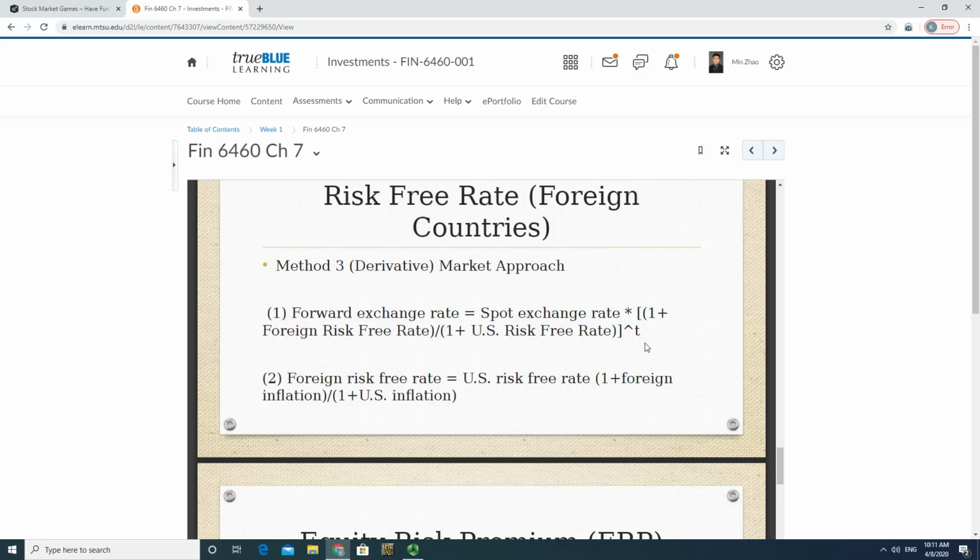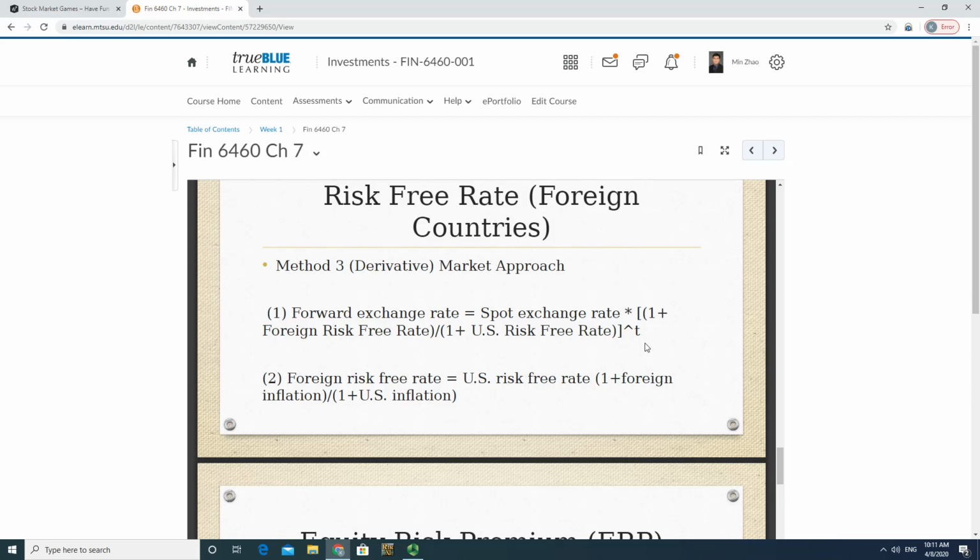Here, let's say the foreign risk-free rate can be set as unknown if you know the forward rates, and both forward rates and spot rates are observable on the markets. And if you have the US risk-free rate estimation, then you can use this equation to figure out the foreign risk-free rate. That's the first variation based on financial market information on foreign currency markets.